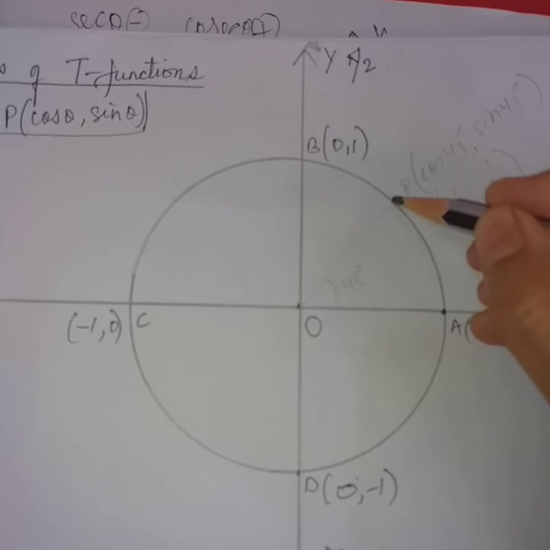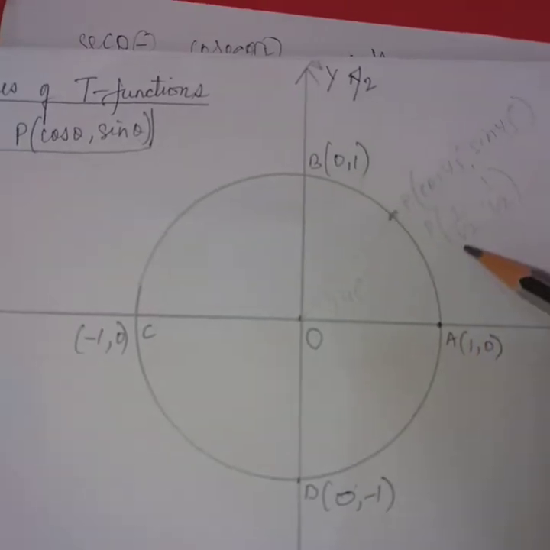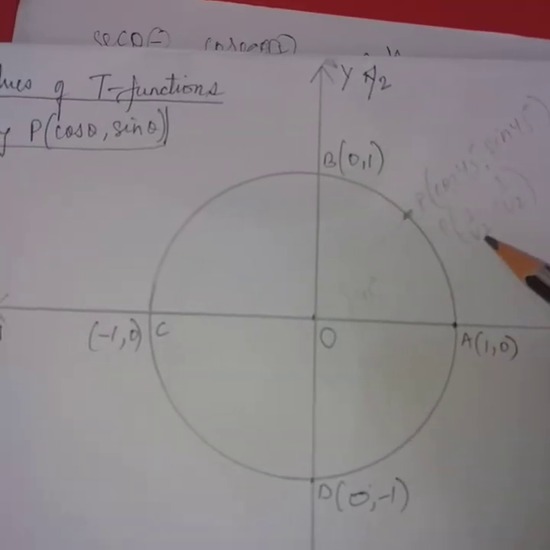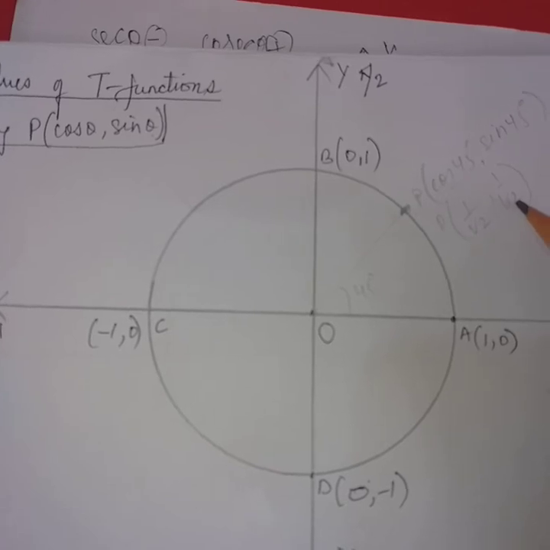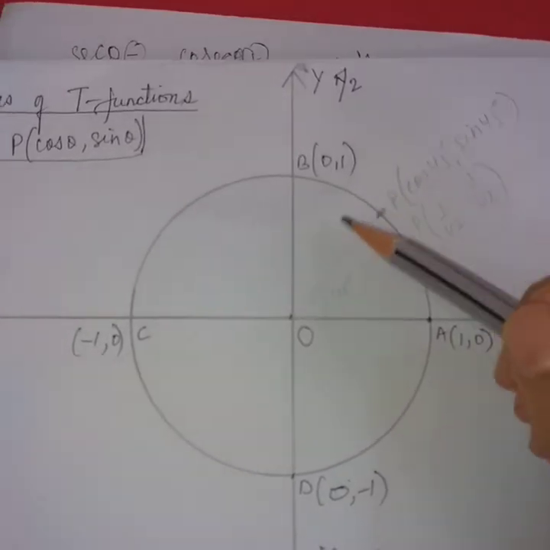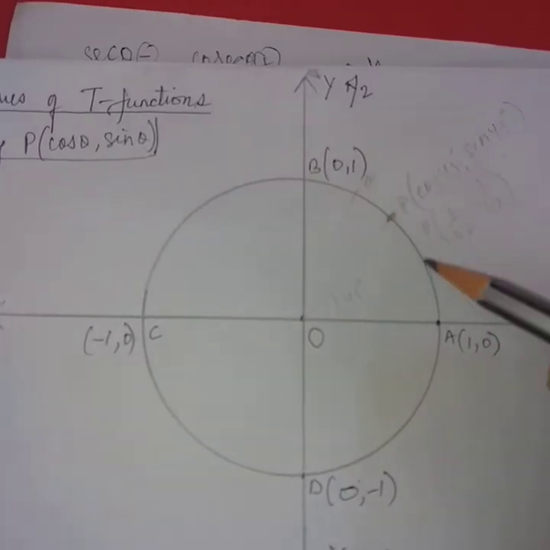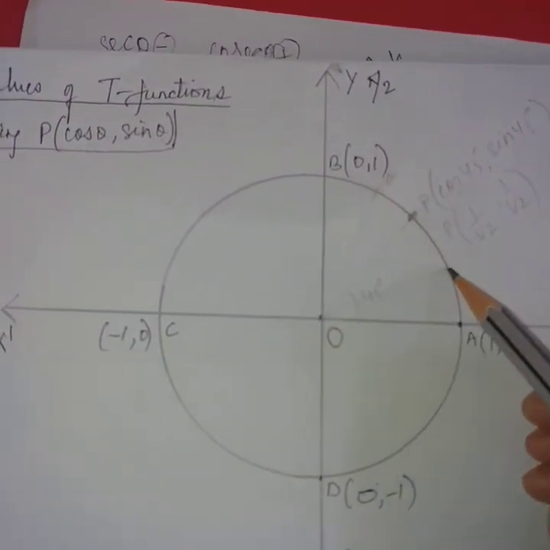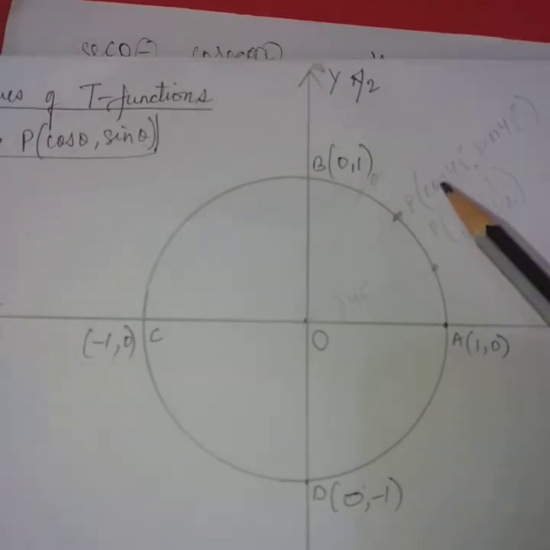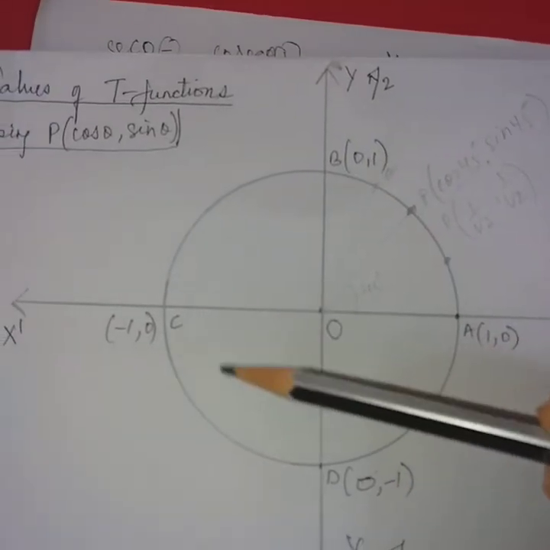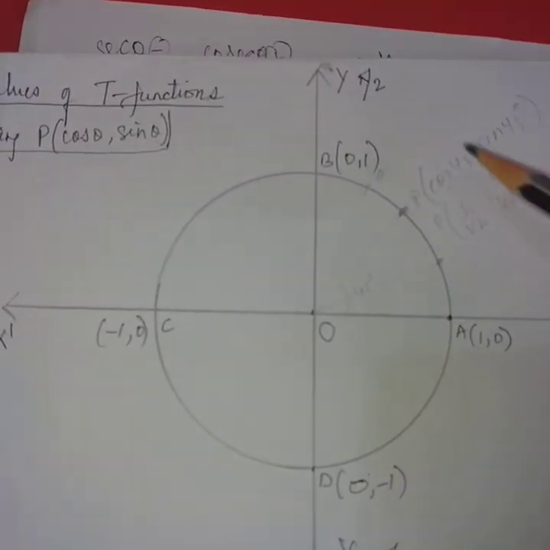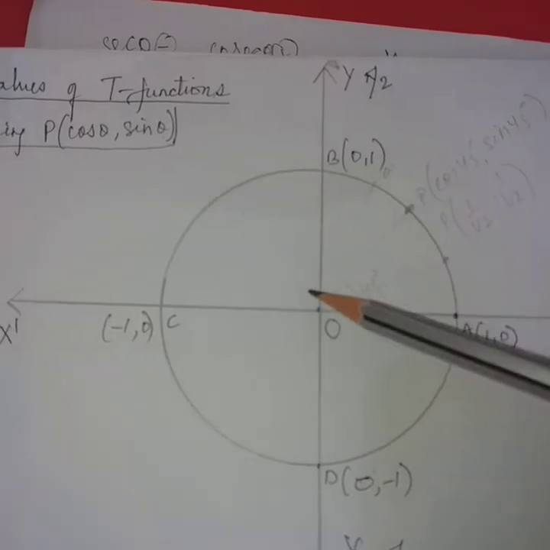That means this point is 1 by root 2 and 1 by root 2. The x coordinate is 1 by root 2 and the y coordinate is 1 by root 2. In this way, if we have an angle of 60 degrees, again we can get the value, and here also 30 degrees. So every point on the circle gives the value of cos theta and sin theta for different angles.